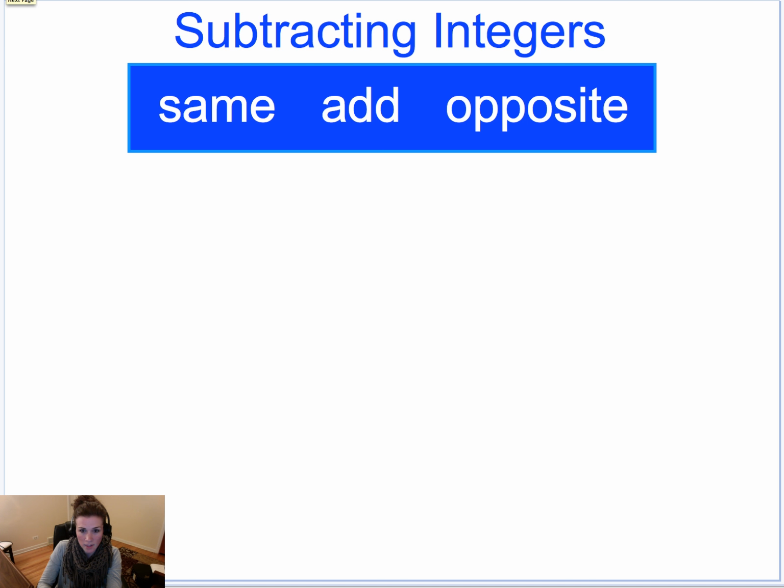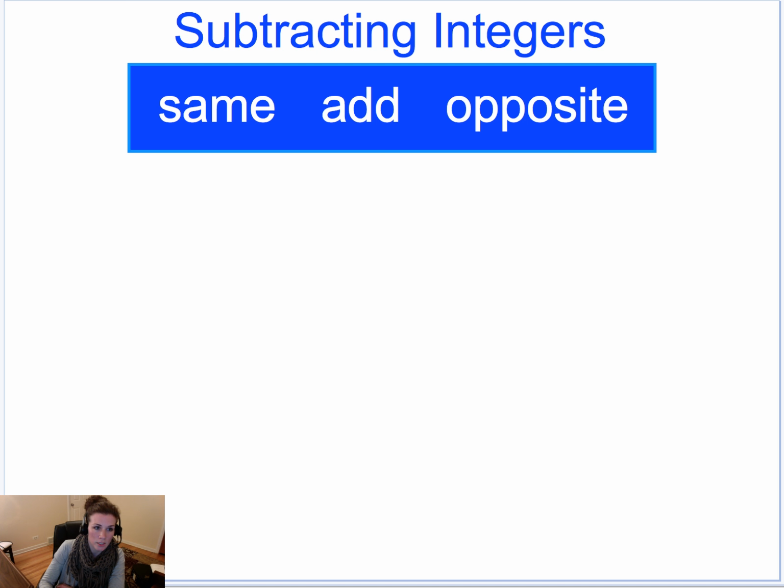Same, add, opposite. Once you've changed the problem to addition, now you can use those same two tricks that I taught you. Same sign combine, and different signs find the difference. But we have to change it before we can use the tricks.